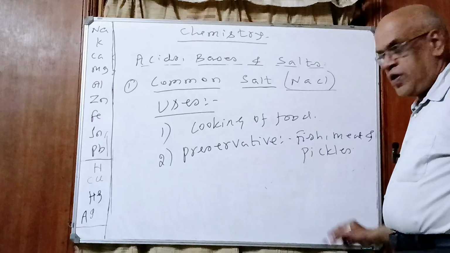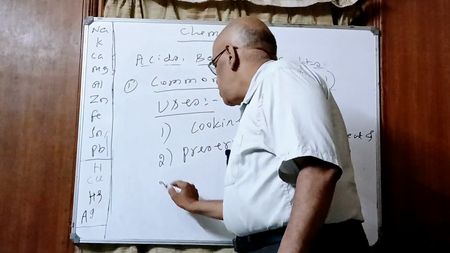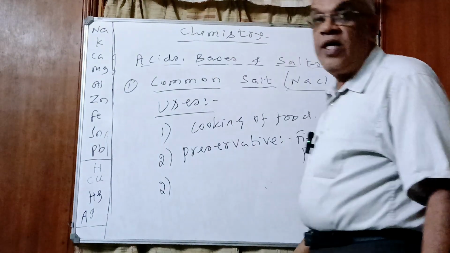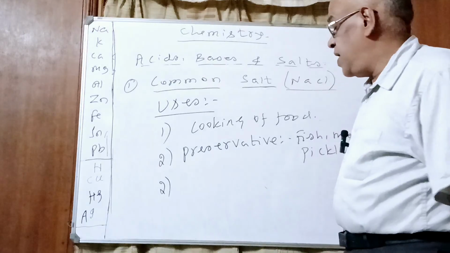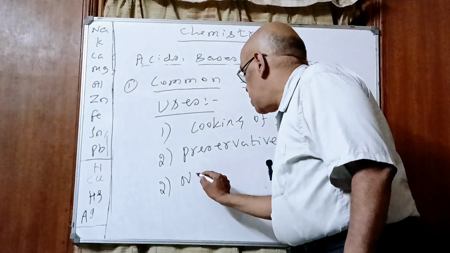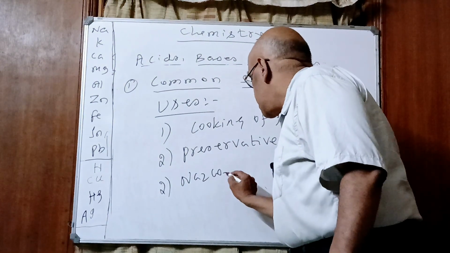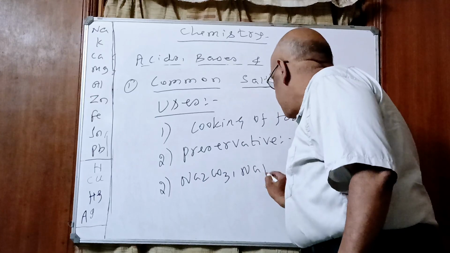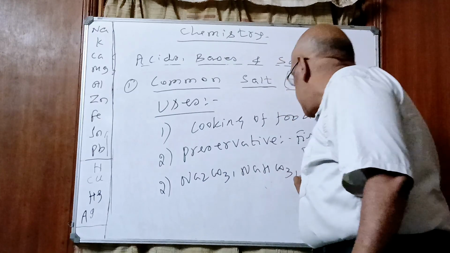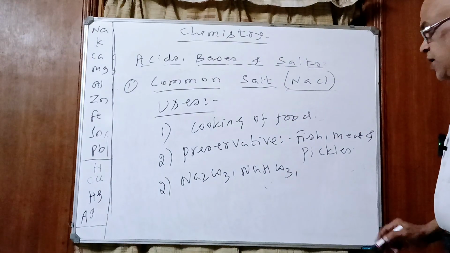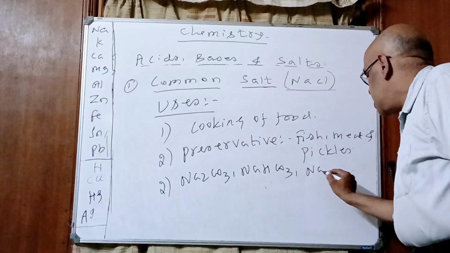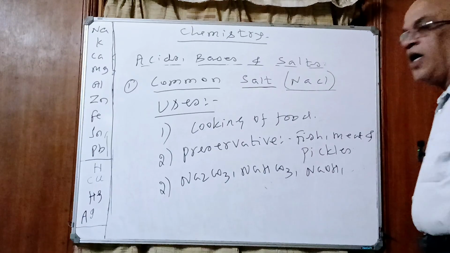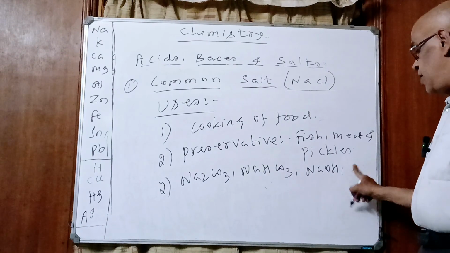Yes or no? Yes. Then it is used as a raw material for many chemicals, children. Many chemicals like sodium carbonate, washing soda, sodium hydrogen carbonate, baking soda. Then NaOH, caustic soda, sodium hydroxide.